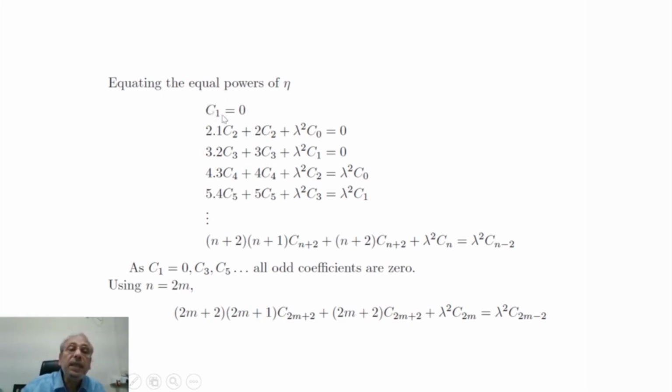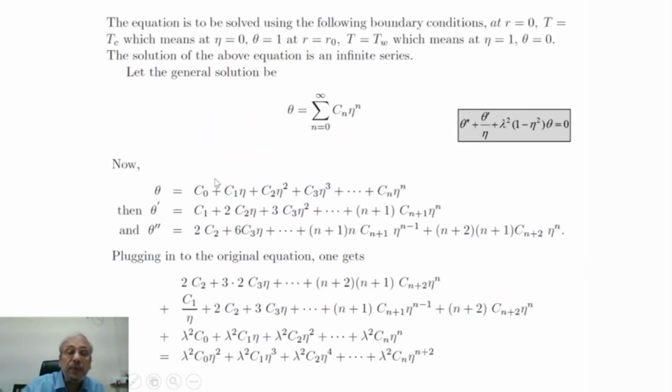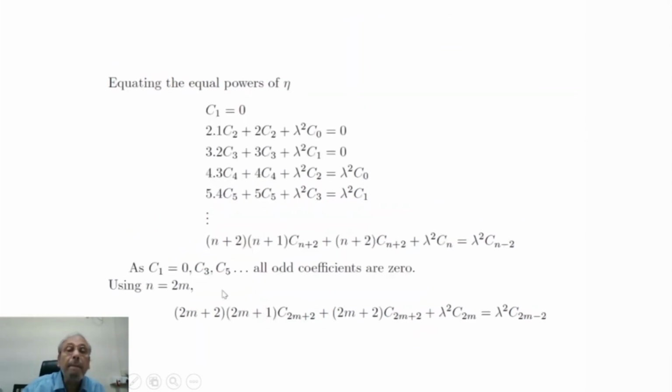We will see C1 equal to 0, then 2C2 plus 2C2 plus lambda square C0 equal to 0, 3 into 2 C3 plus 3C3 plus lambda square C1 equal to 0. This is what we are collecting from this equation, equal powers of eta.